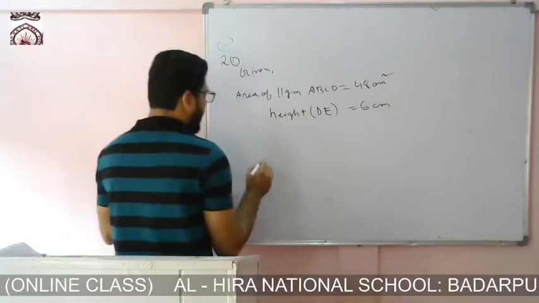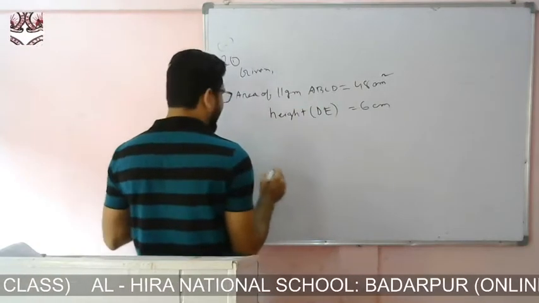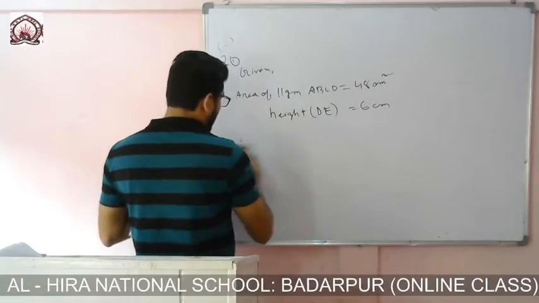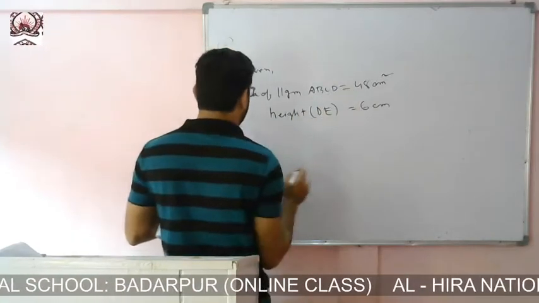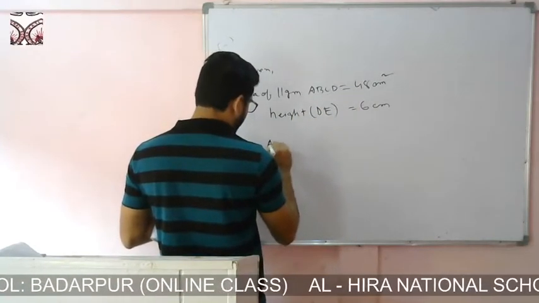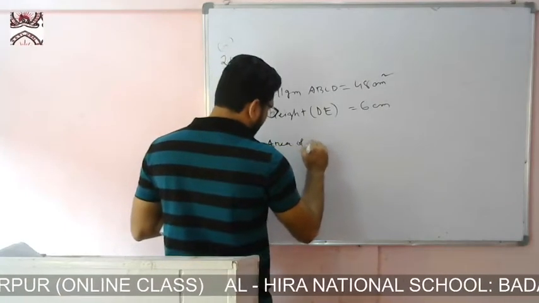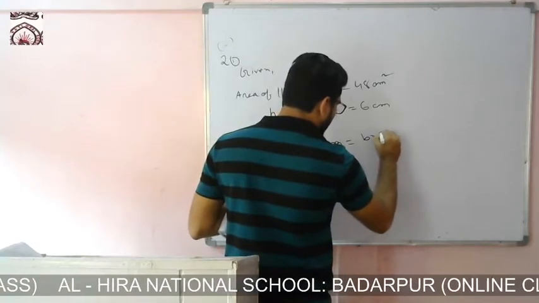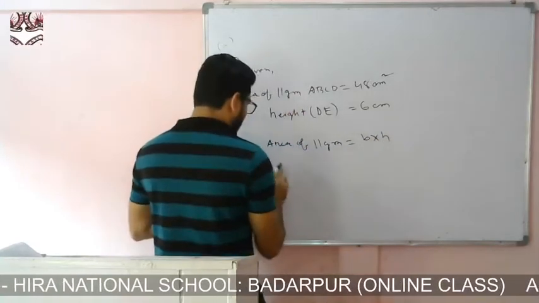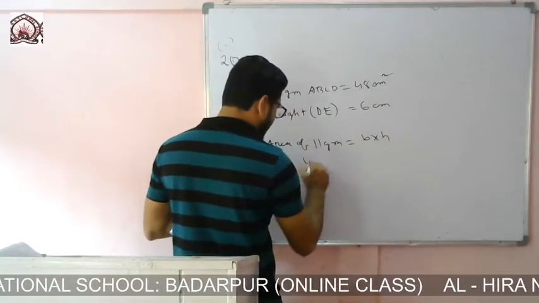Okay, now you have to find what? AB. Right, therefore we can find from there. Therefore area of parallelogram equals to what? Base into height. So area of parallelogram I can write 48.